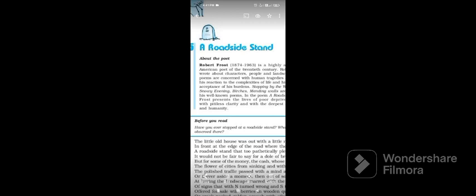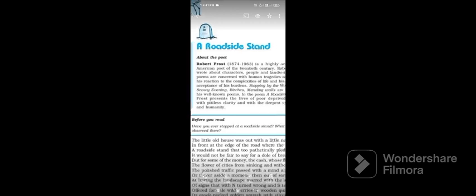Polished traffic is a transferred epithet. Selfish cars is also another use of a transferred epithet.